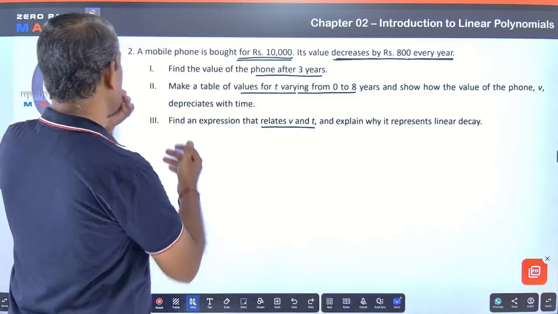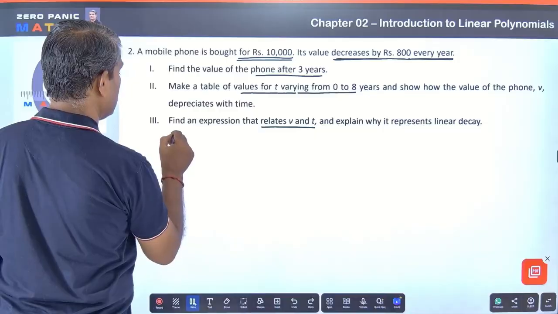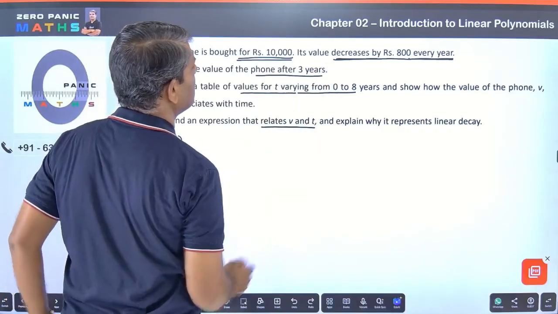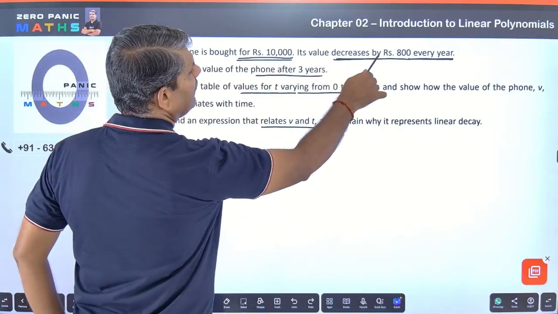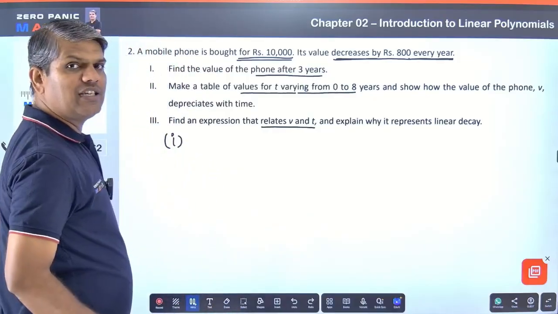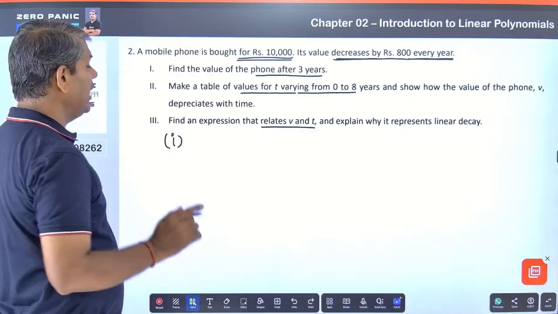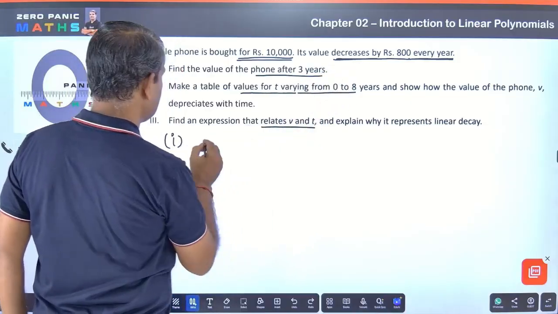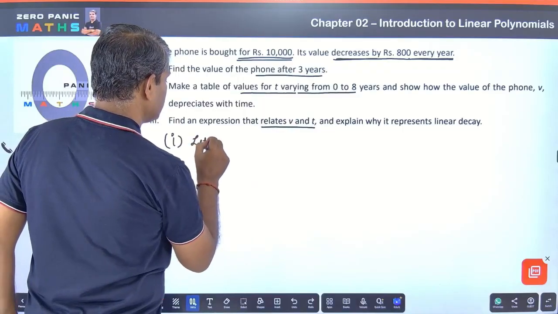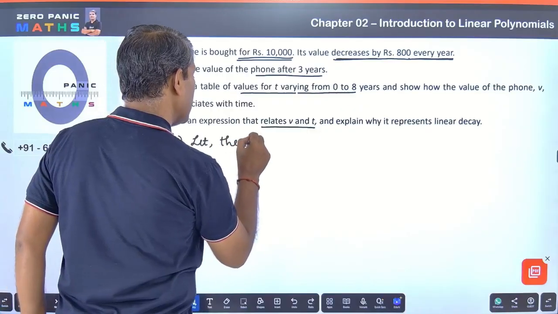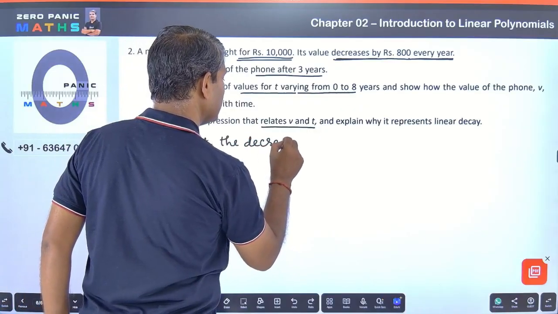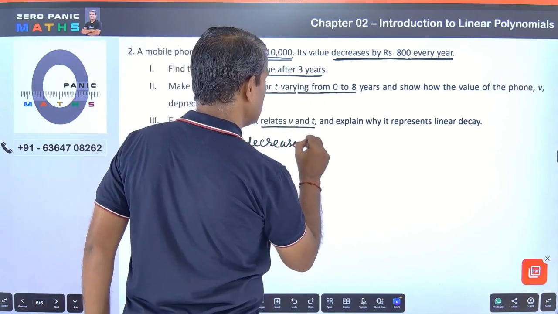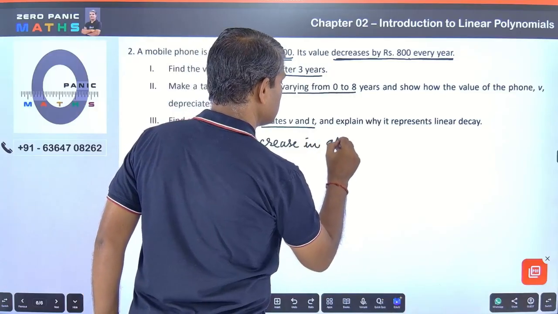Okay, now let us first go with the first question, that is to find the value of the phone after 3 years. It is given that every year there will be a decrease in the value by 800 rupees. So what will be the decrease in value after 3 years?